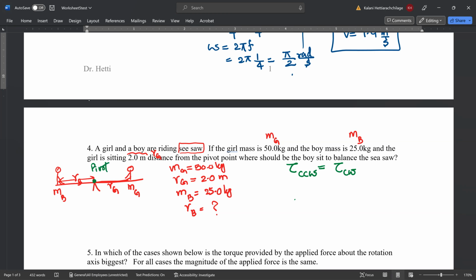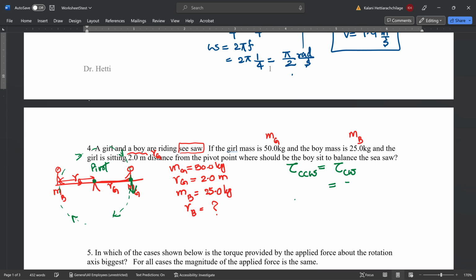So now which one is counterclockwise and clockwise, you need to decide by watching your diagram. So now this girl is pushing seesaw downward. What that means is if boy is not there, this seesaw is going to rotate this direction. That's the direction of the force, right? That is what we call clockwise.